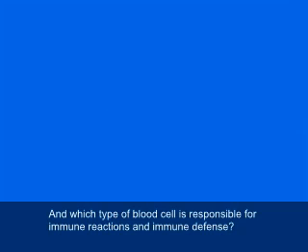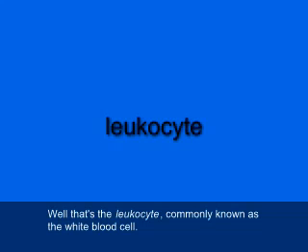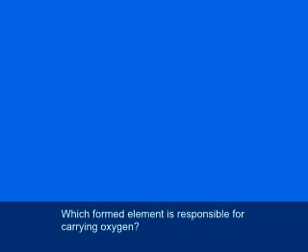And which type of blood cell is responsible for immune reactions and immune defense? Well, that's the leukocyte, commonly known as the white blood cell. And which formed element is responsible for carrying oxygen?